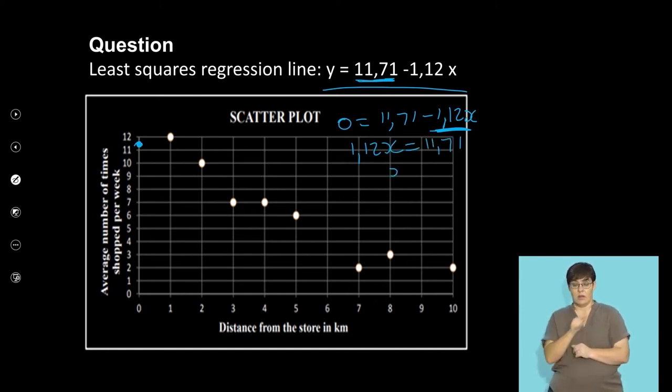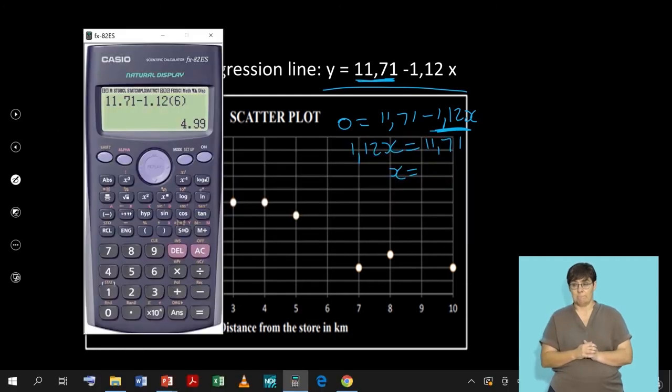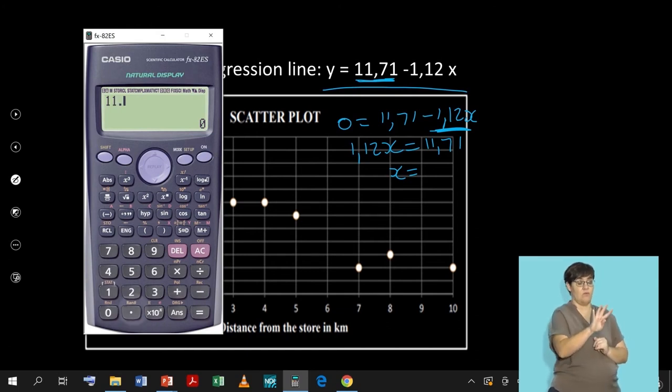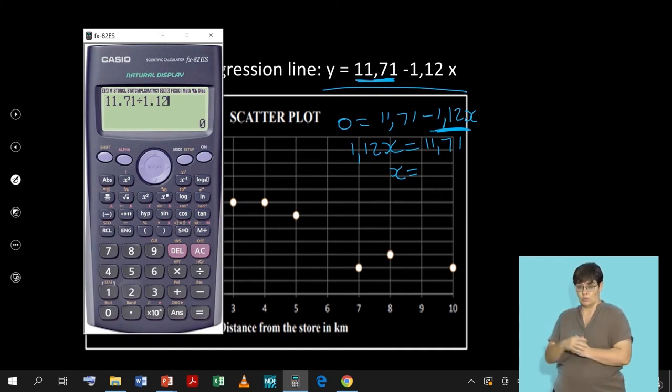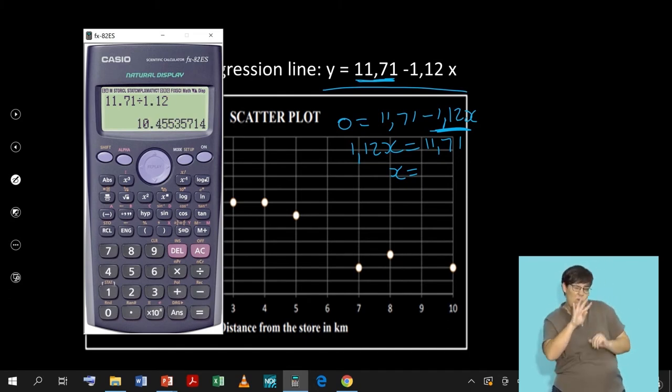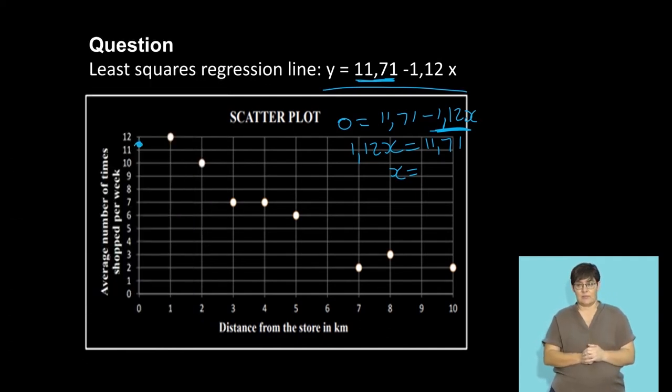To do this, I divide both sides by 1.12. Let me get my calculator. 11.71 divided by 1.12 gives us our x value, which is about 10.46. So 10.46, somewhere there.